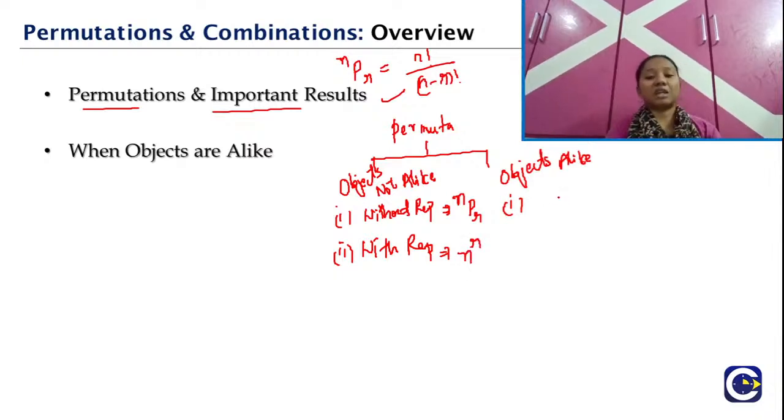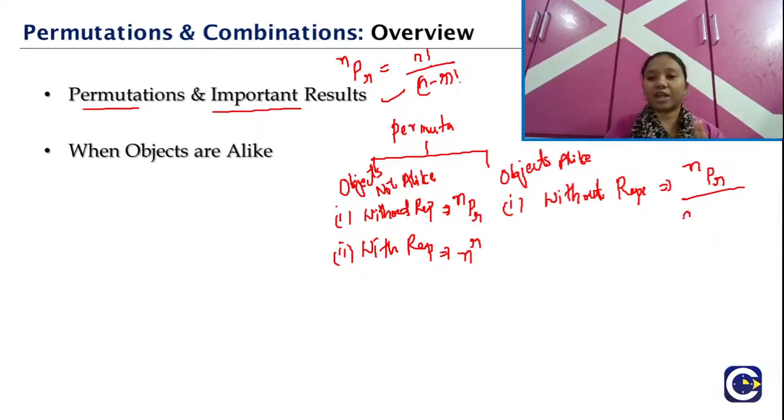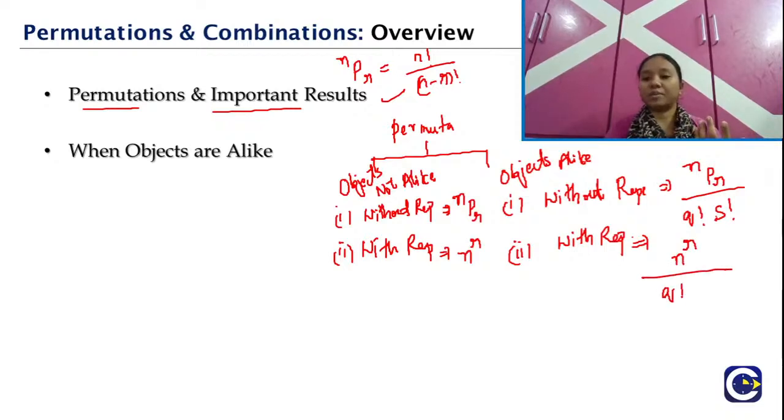And when objects are alike, what is the formula without repetition? It is nPr divided by the factorials of the counts of the same kind of objects which are alike, that is, p factorial, q factorial, some s factorial, and so on. Similarly, when objects are alike with repetition, the only difference is that the numerator changes to n power r, and the denominator stays the same.